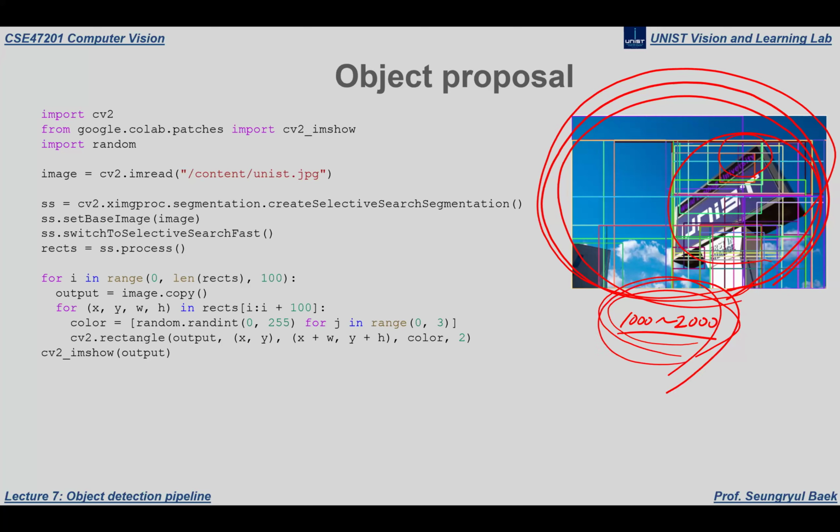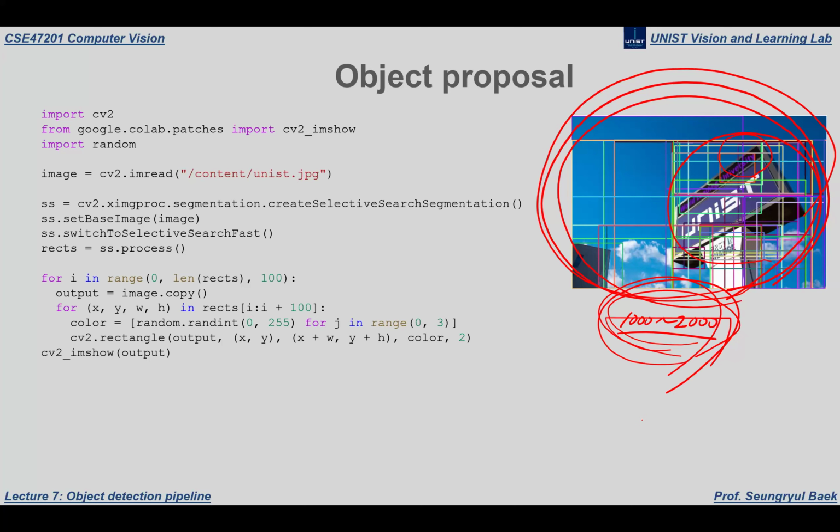Among these 1,000 to 2,000 boxes, of course, some bounding boxes don't contain the object. But if there is one bounding box among them that contains the object, the CNN classifier may discriminate that object.